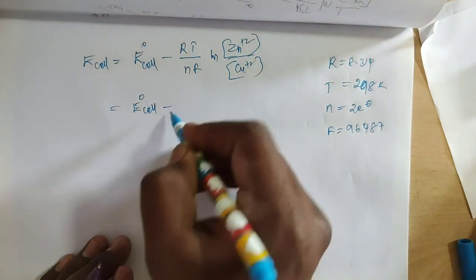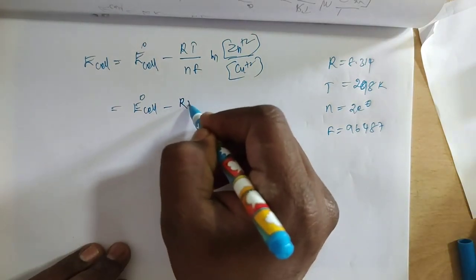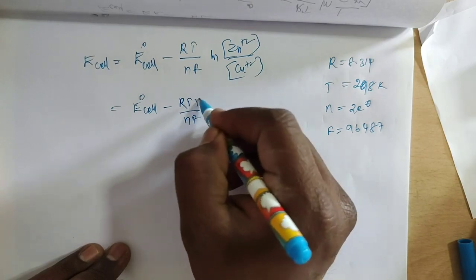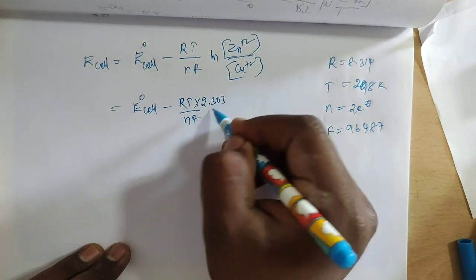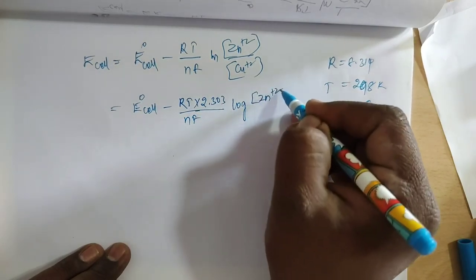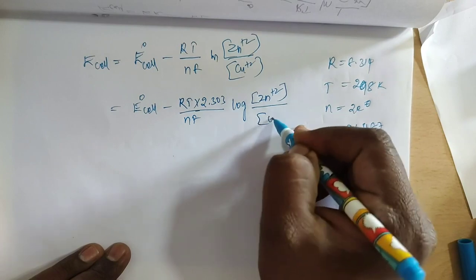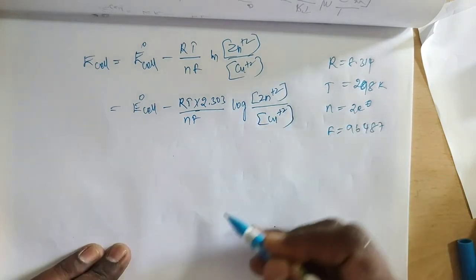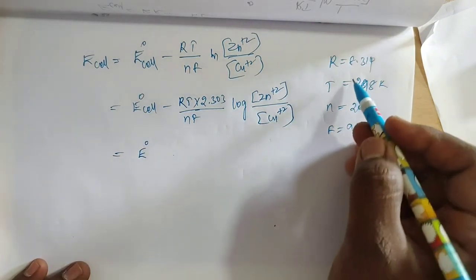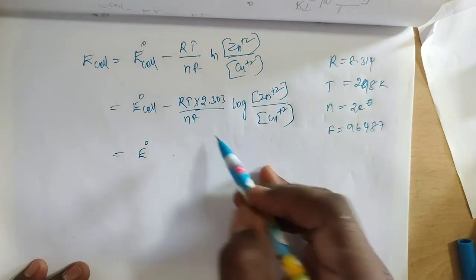Remove the ln. So you take the R, T, nF. So for removal of ln, we introduce 2.303 log Zn+2/Cu+2. So we substitute these values, R value, T value, n value, F value.